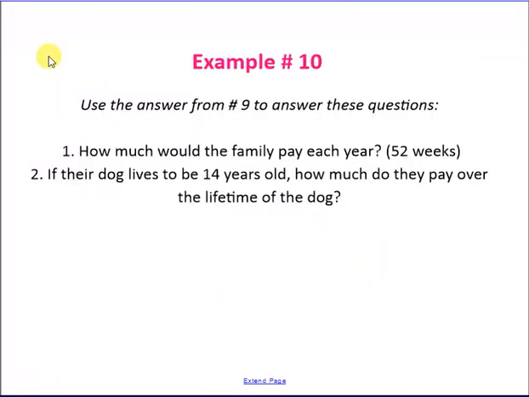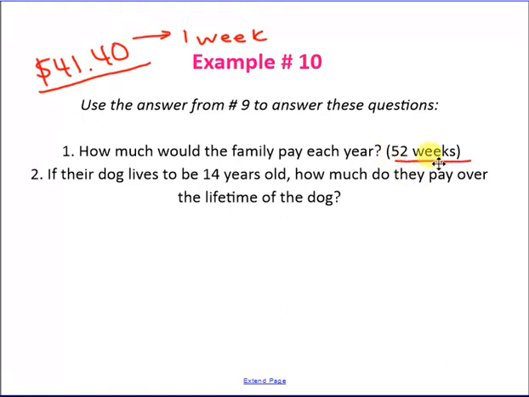Now, I'm going to rewrite that answer over here because we're going to need it for this problem, okay? Number 1, how much would the family pay each year? Okay, this is how much they pay for 1 week. If there's 52 weeks in a year, which is what I'm telling you here, I need to take 41.40 times 52. That's going to tell me how much. You can use your calculator.